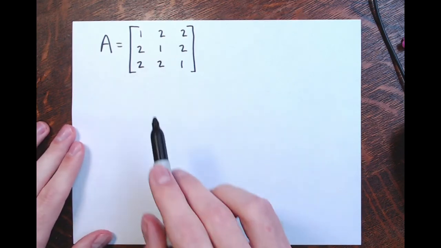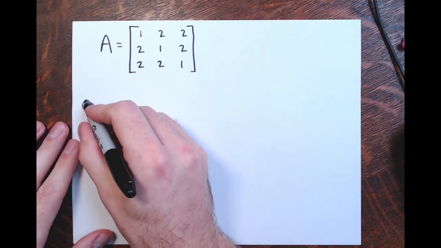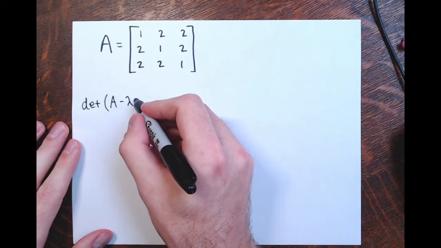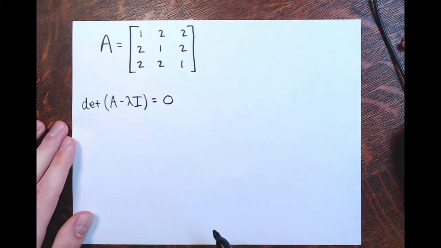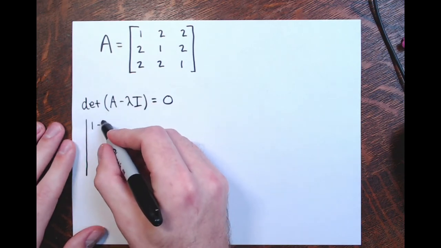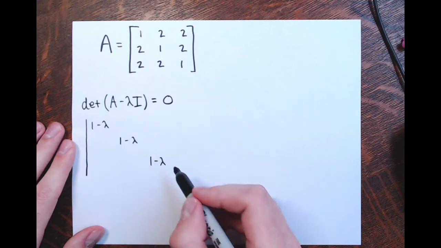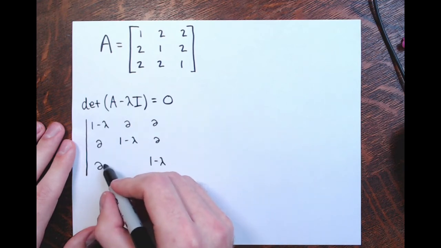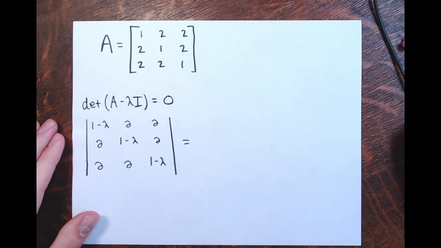So first I want to determine the spectrum of A. So setting up that characteristic equation, as usual. When is the determinant of A minus lambda I equal to 0? So that's this. You got 1 minus lambda, 1 minus lambda, 1 minus lambda down the diagonal, and 2's everywhere else. And then this is a 3 by 3 determinant.